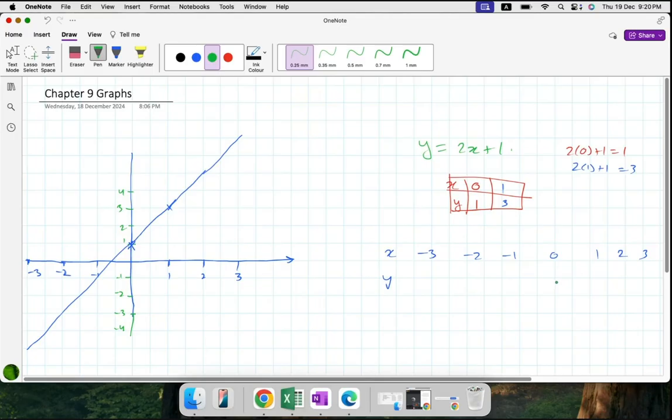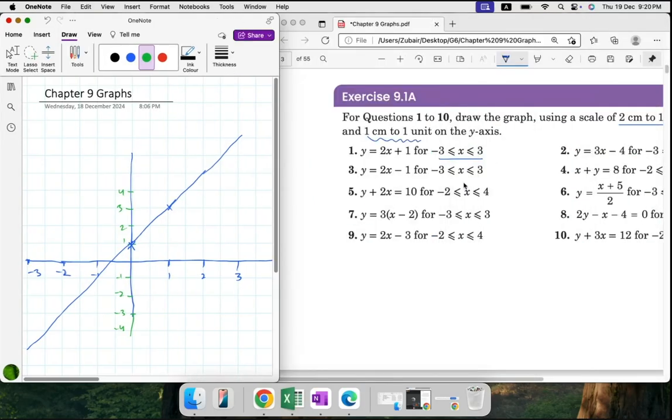So at 0 we just got 1. At 1 it is 3, 5, 7. And on the negative side it is -1, -3, -5. So we can plot these values to get the straight line graph.